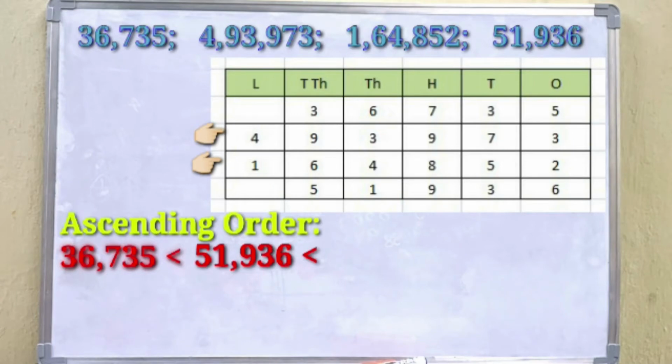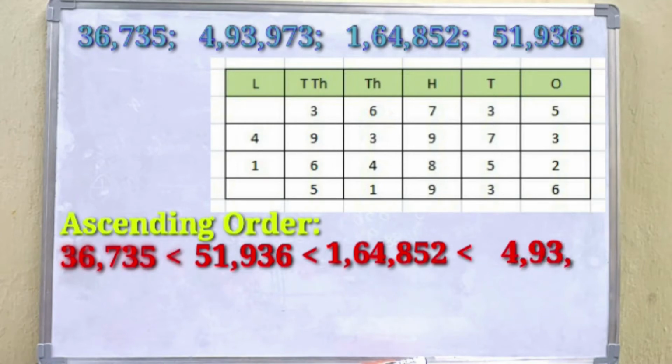In the second number we have 4. In the third number we have 1. So 1 is the smaller digit here. So this number will become the third number: 1,64,852, less than. Last we are left with only one number, that is 4,93,973. So this is how we formed ascending order from small number to big number.